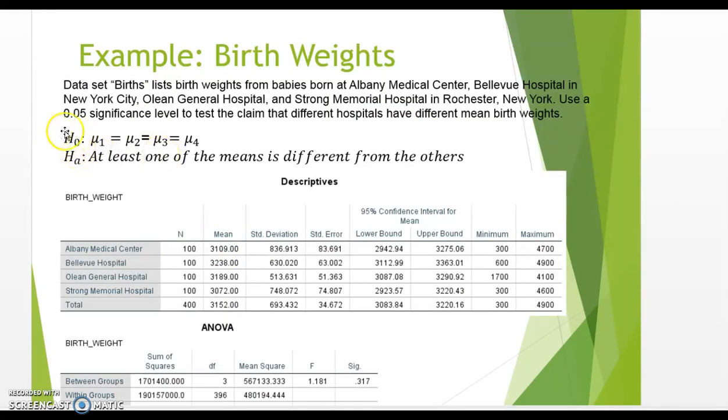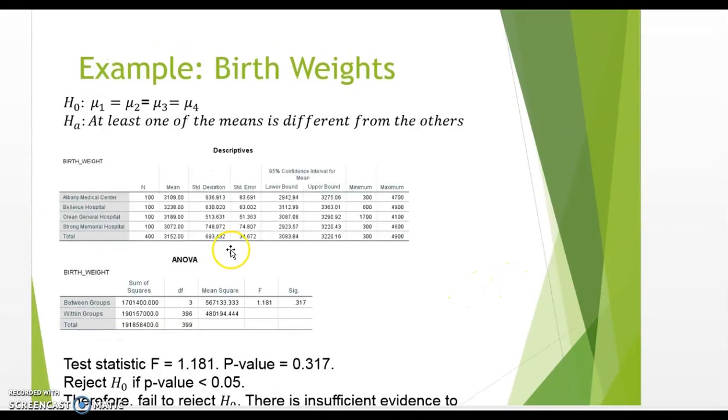Going back to our PowerPoint, let's see how we get this solved. Again, the first step is listing the hypotheses. The second step is copying and pasting the output from SPSS, including the first table on descriptive stats and the second table, the ANOVA table. Then we look for the information needed for the ANOVA test.